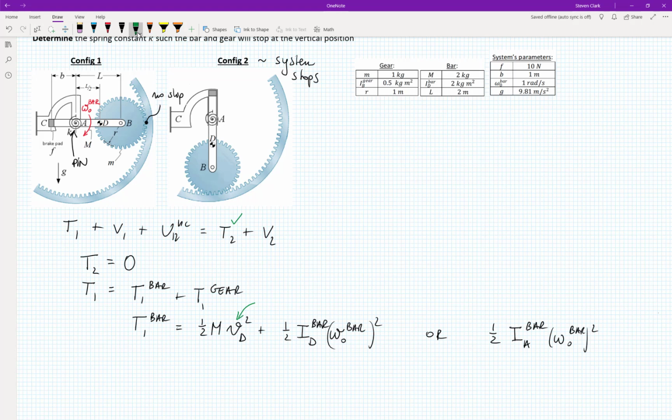So, question to you guys, just by looking at this picture, can you please tell me what is the expression for V_D? What is the velocity of this point?